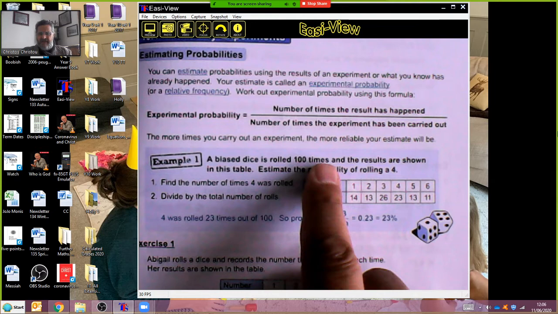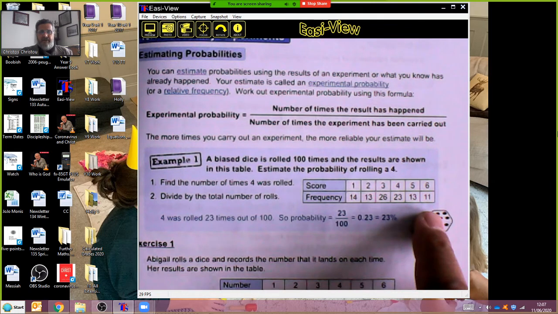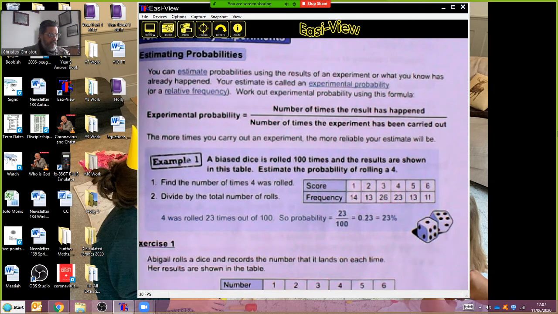Well, 1 out of 6, a sixth of 100 is roughly 17. So really, if it's a perfectly fair dice, you'd expect 17 of each of these. That roughly comes to 100. So you could say it probably looks biased because I've got far too many 3s, far too few 6s, according to the theoretical expected outcome. But there you go. And that's what exercise 1 is about.